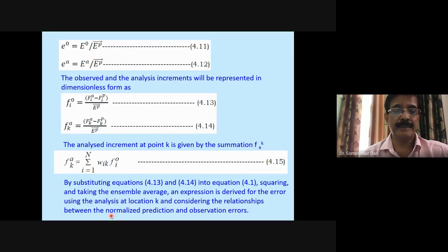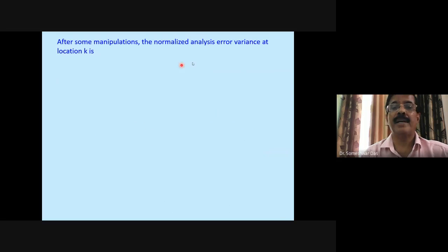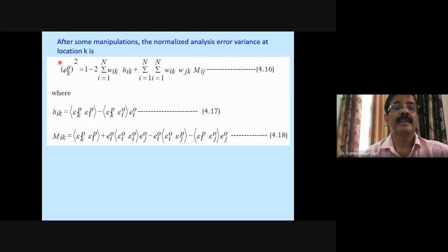And considering the relationships between the normalized prediction and observation errors, after some manipulations we get the normalized analysis error variance at location K as given by this expression: 1 minus 2 times the summation over all the observation points of the product of WIK times HIK, where HIK is again defined here by this expression, plus a double summation of WIK, WJK, MIJ, where MIJ is again defined by this expression.